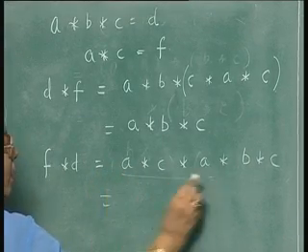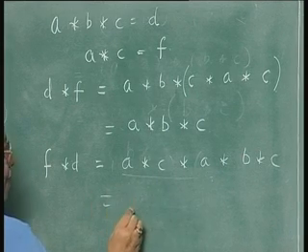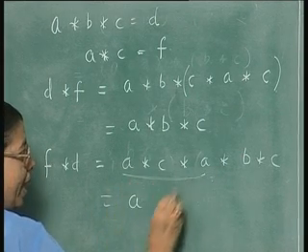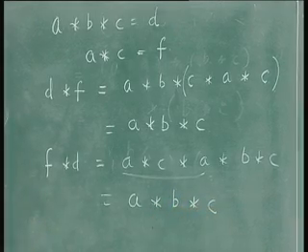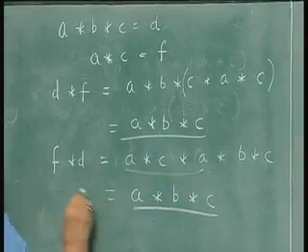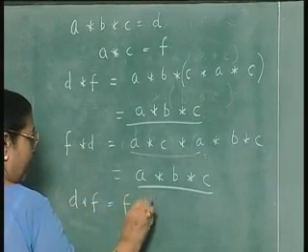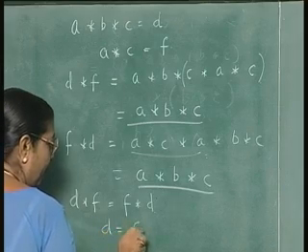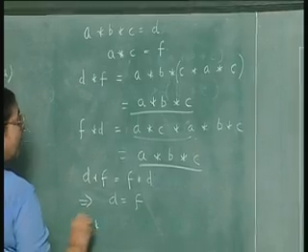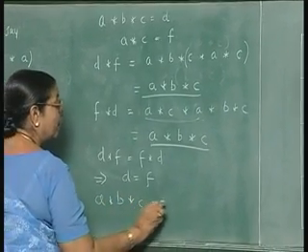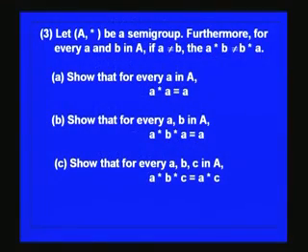Now, if you take this alone, it is A star C star A. So, by the previous second result, this portion will be A. So, you get A star B star C. So, you find that these two are equal, that is D star F equal to F star D, which implies D is equal to F, that is A star B star C is equal to A star C. So, we have proved the third part also.